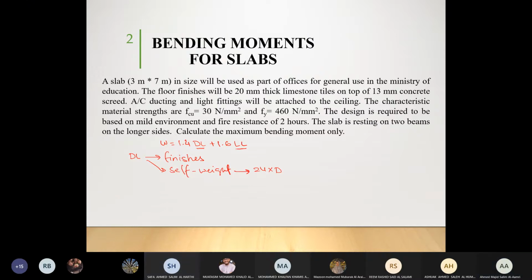Yes, in the question, the depth has not been given. We need to go and calculate the depth. In order for us to calculate the depth, we need to use a certain equation. Do you remember a certain equation that you have used for calculation of the depth in design of structures 1?